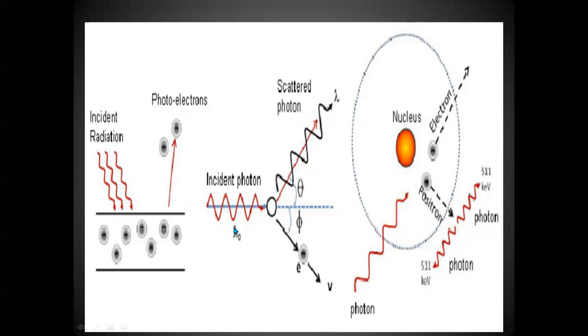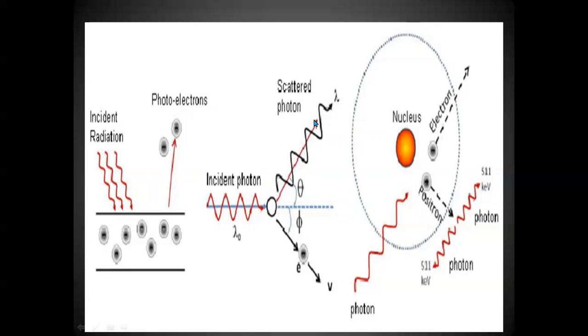Please remember that. Here, the energy is in the form of a wave, not in the form of a particle. When this photon, the incident light or radiation, is concentrated here, what happens is electrons are removed.